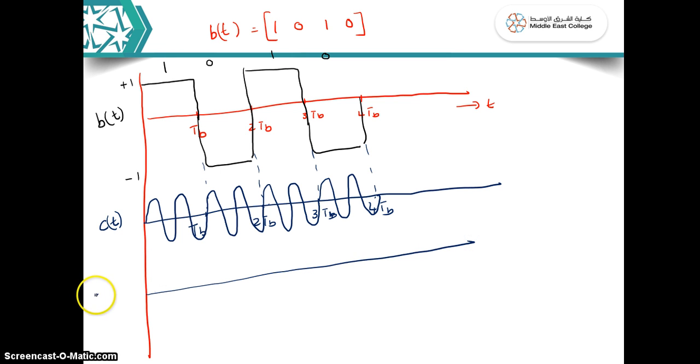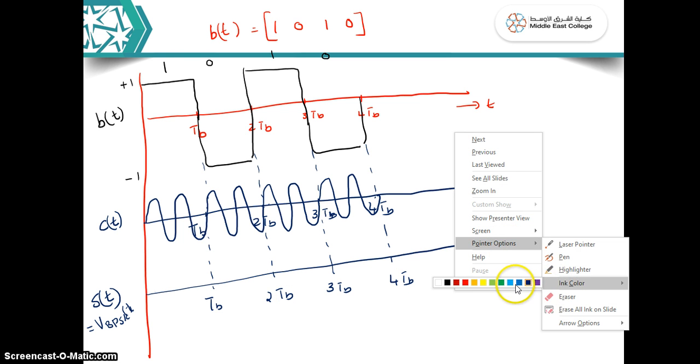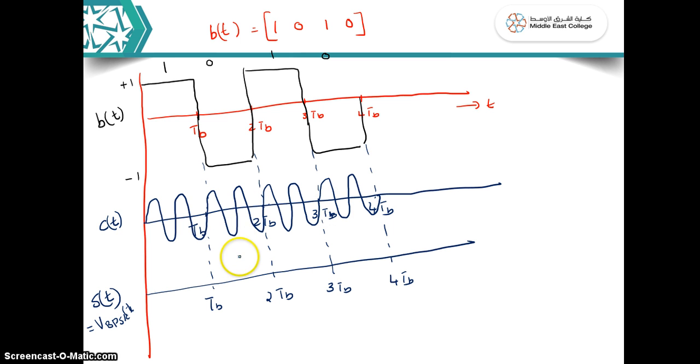Now I'm going to draw my final BPSK signal s(t), which we can also represent as V_BPSK(t). Again I'll mark the time duration TB, 2 TB, 3 TB and 4 TB. Just listen here. According to this polarity, either the same polarity or a 180-degree phase. When it's a 1, I will transmit the carrier as such. So this is 1 cycle, 2 cycles.